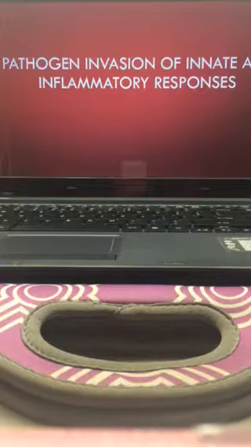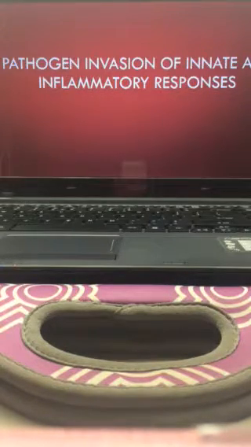After that is followed by a signaling cascade, and this cascade results in an inflammatory response or process. This inflammatory process has many different steps to it.